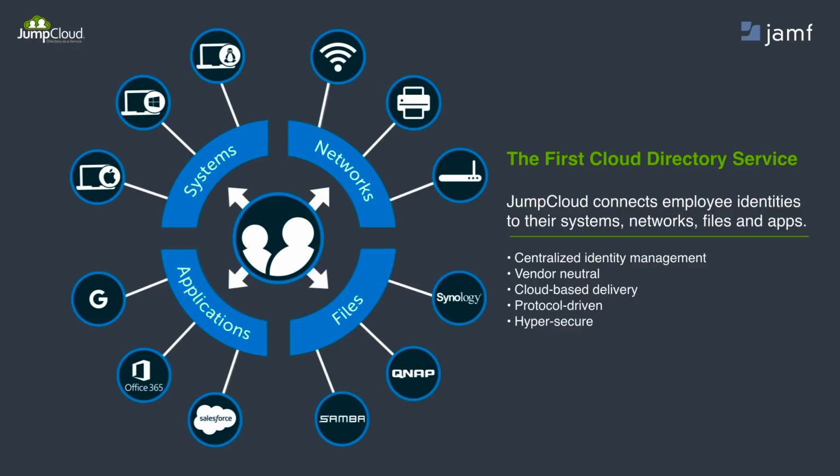Today we are really focused on Mac and showing how a user account and a system can be bound to a proper directory and managed, in this case, with both JumpCloud and Jamf Pro. But with respect to JumpCloud, it's all the things: their networks, their files, and applications that can be either on-premise or cloud-based. Great recap, Greg.